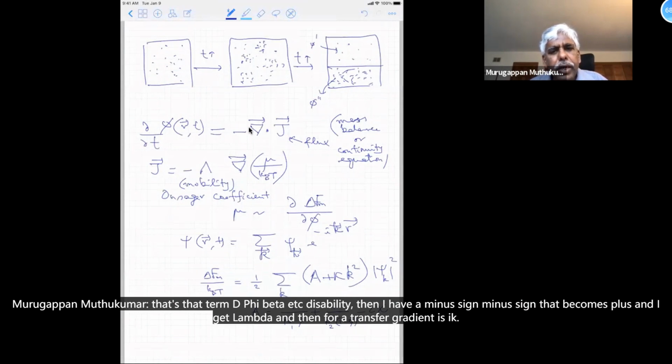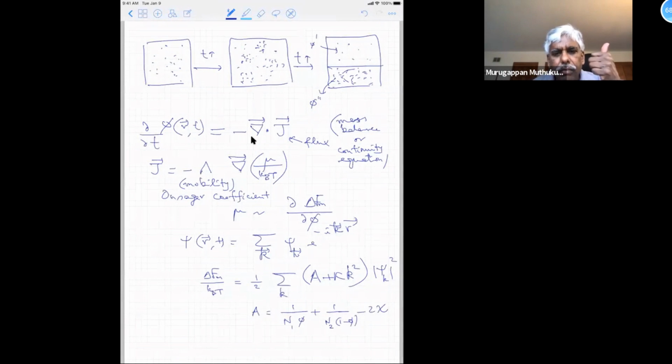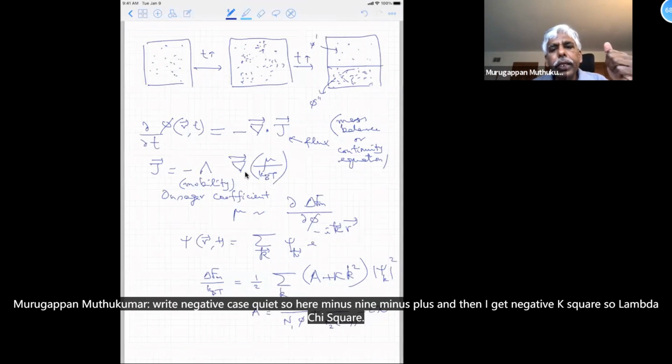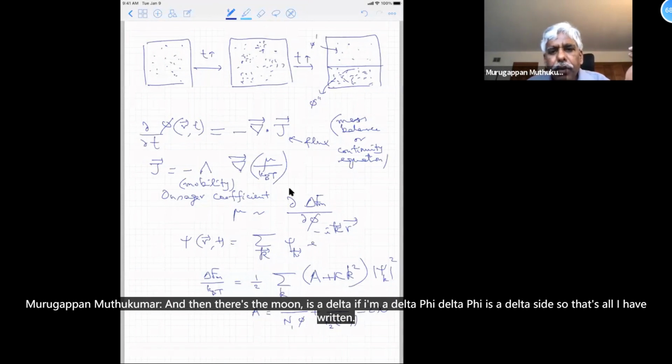And the Fourier transform of the gradient is ik, right? I define my Fourier transform in here, and I take the derivative of this, I pick up an ik here, or minus ik if you want. Then I have another derivative, therefore minus ik squared, which gives me negative k squared. So minus times minus is plus, and I get lambda k squared. And then mu is delta Fm by delta phi. Delta phi is delta psi. So that's all I have written.